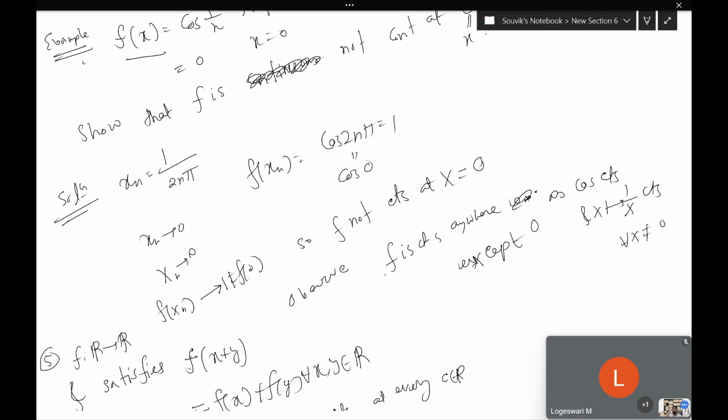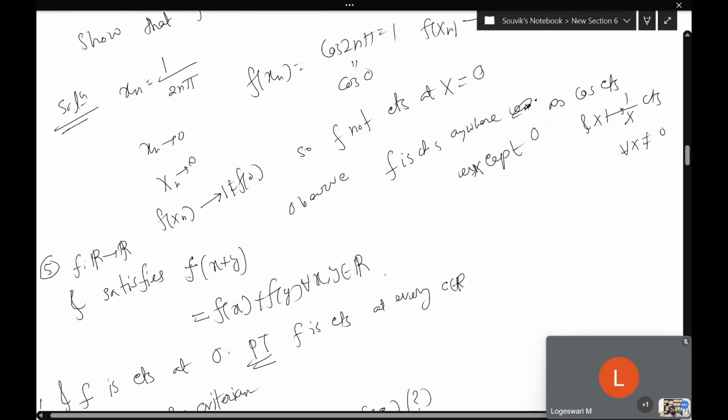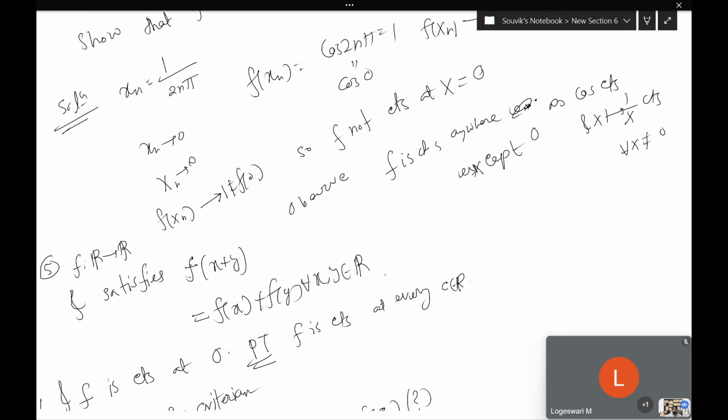But f(xn) should go to 0, which is not equal, so it's not continuous. Observe also that since cos is continuous and 1/x is continuous for all x nonzero, the composition is continuous there.